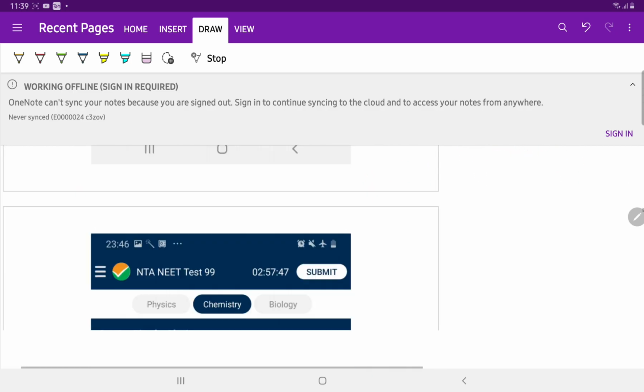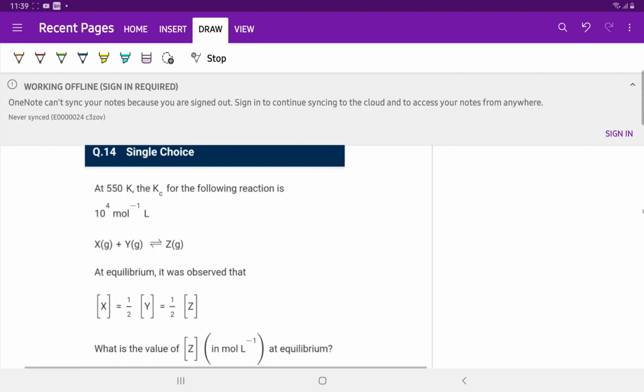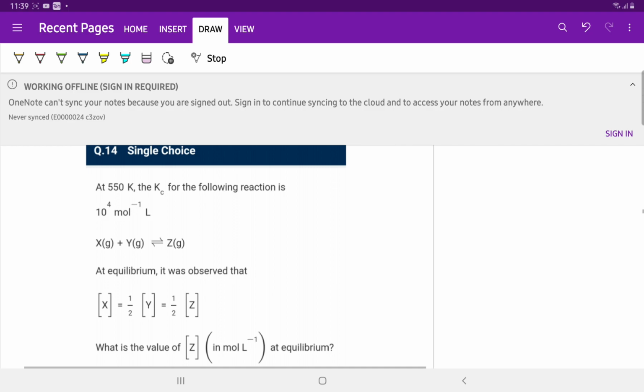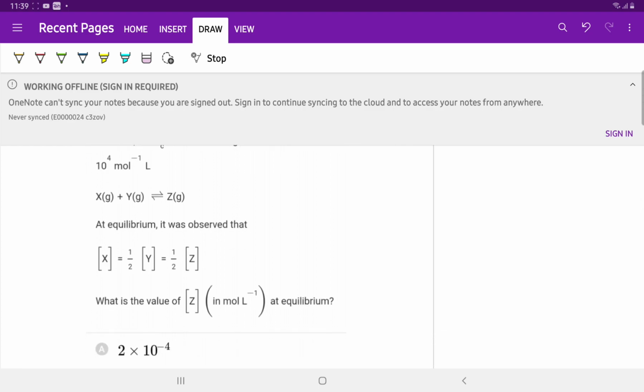Question number 14. At 550 Kelvin, the Kc for the following reaction is 10^4 mole inverse liter. At equilibrium, it was observed what is the value of Z in mole per liter.